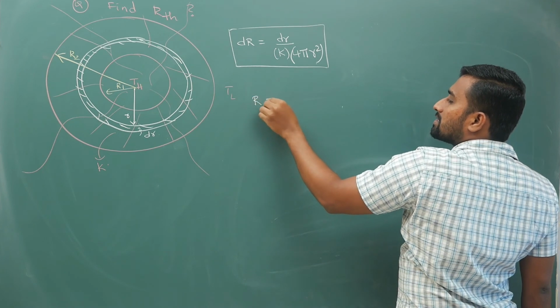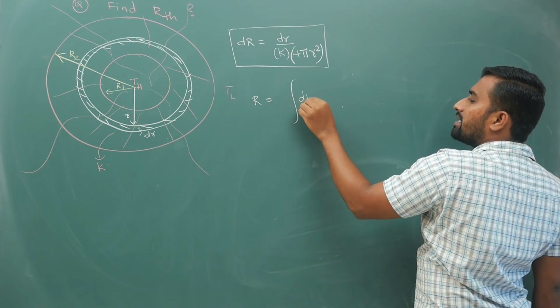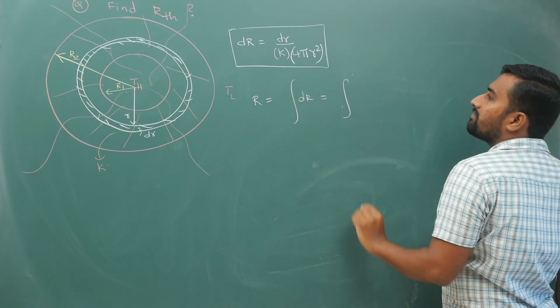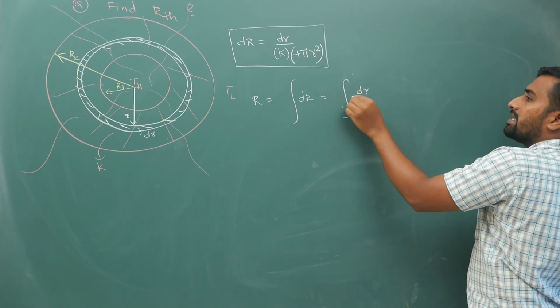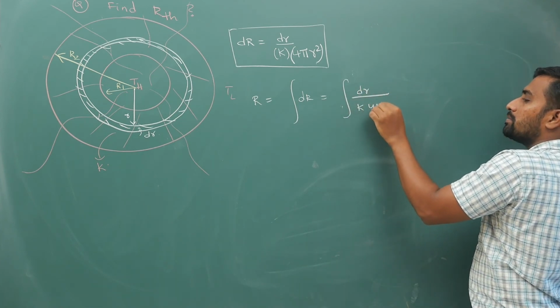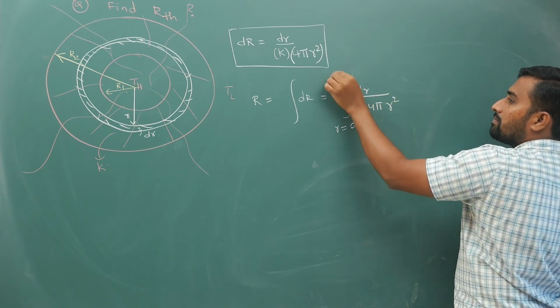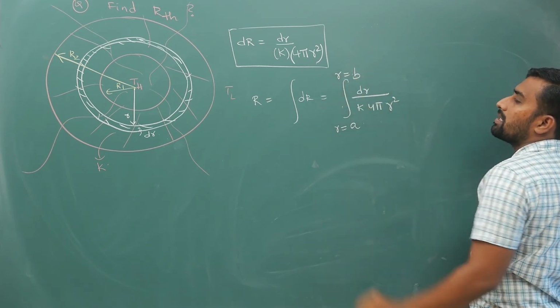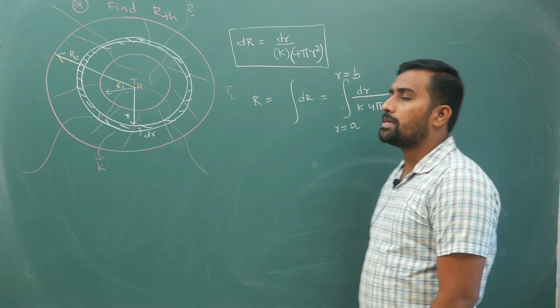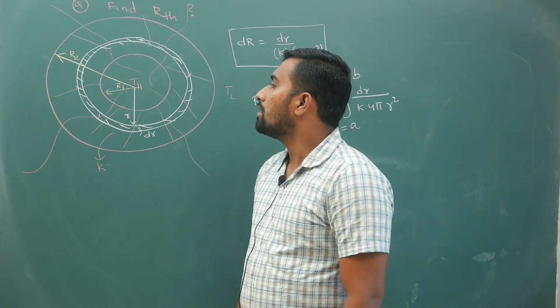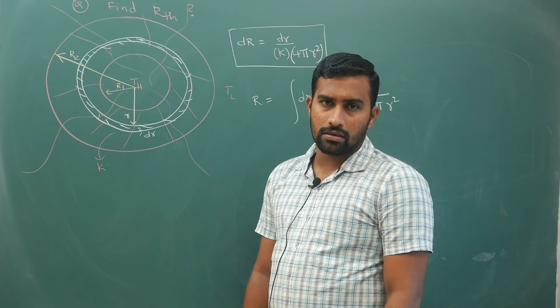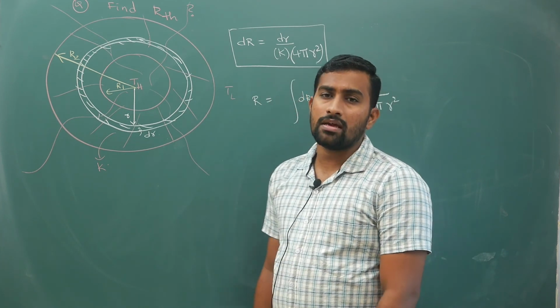To get the total resistance, it is the integral of dR, that is equal to the integral of dr by K times 4 pi r squared, where r is varying from A to B. If BiPC students are not following the integration part, just memorize the end result.